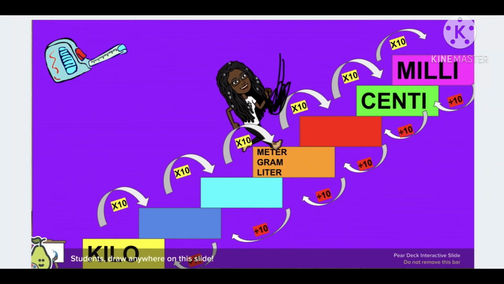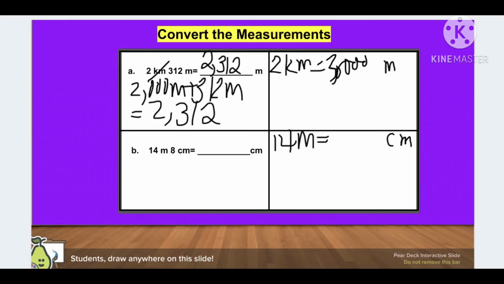So I'm here and I need to get to the green step. 1, 2. So I'm hopping up 2 steps, which means I'm multiplying by 100. So that means that in order for me to get from meters to centimeters, I'm multiplying by 100.